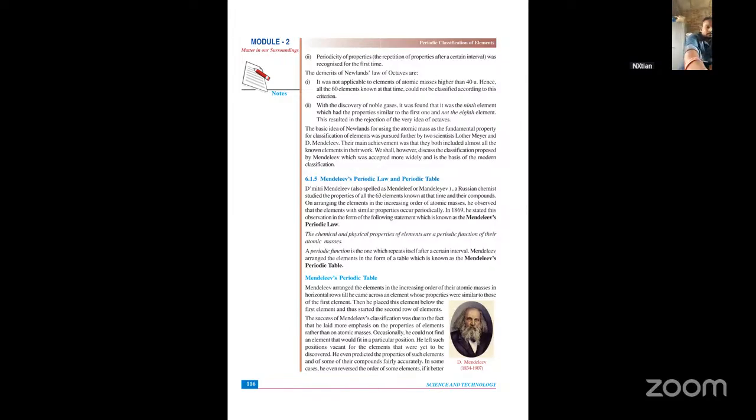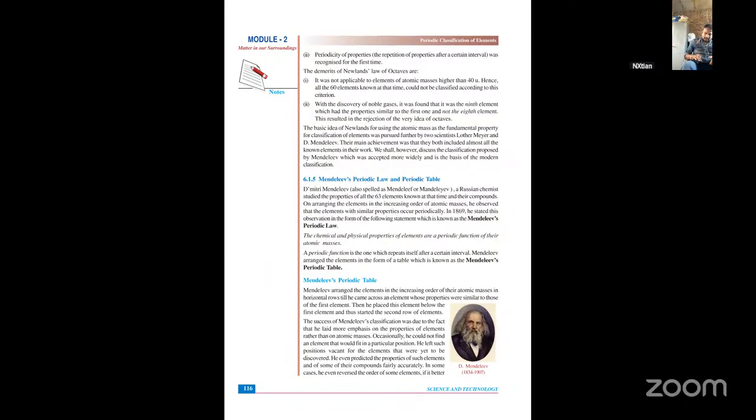So he also kept his periodic table based on the increasing atomic masses. Who? Mendeleev. Did you understand? And he gave the Mendeleev periodic table.